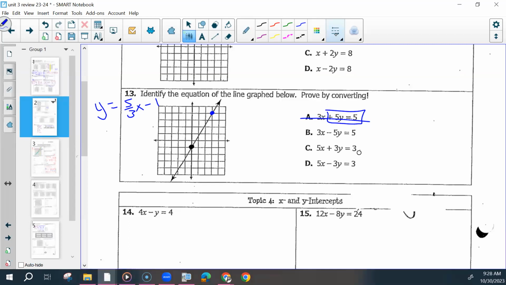Would C give me a -1? No. Would D give me a -1? So either B or D, so we've eliminated two of them. Now we just need to solve them and see does it look like this or not. So subtract 3x, and divide everything by -5.